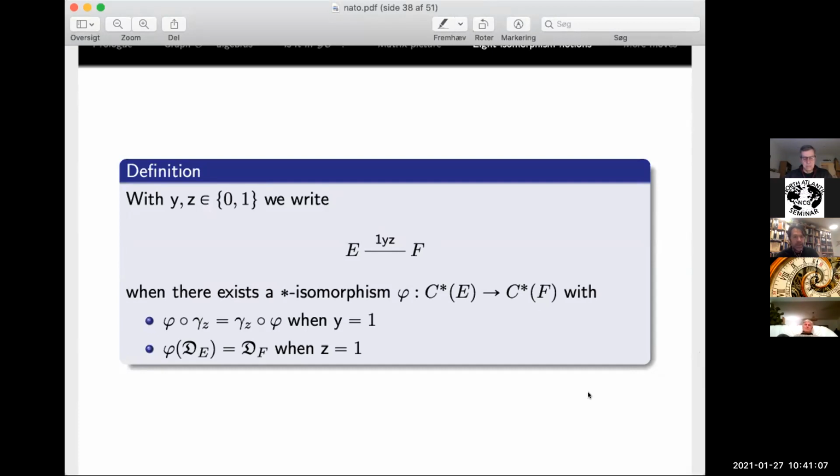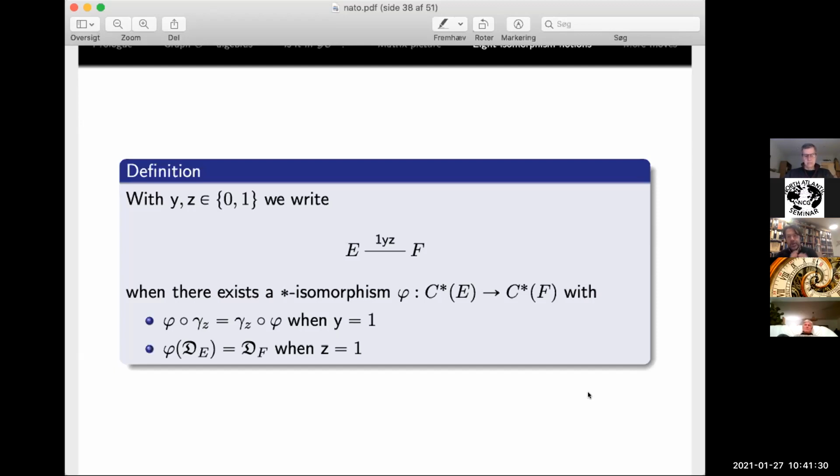So I want to define 8 kinds of isomorphisms, and I have 3 choices. The first choice is, do you want it to be on the nose or stably so? The second choice is, do you want the isomorphism to commute with the gauge action or not? And the third choice is, do you want it to preserve the diagonal or not?